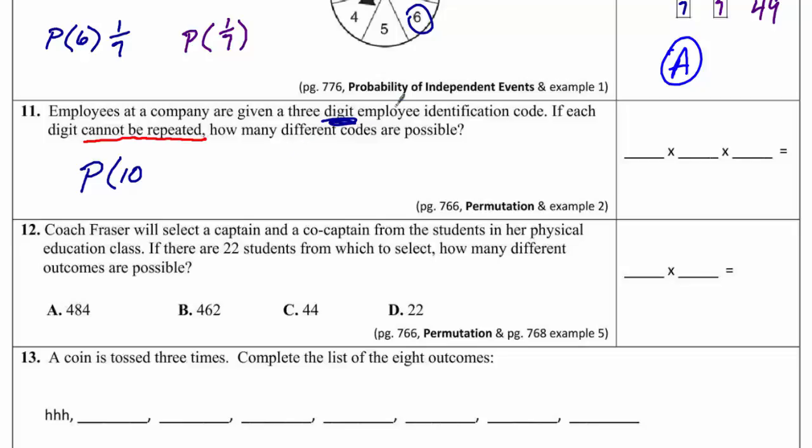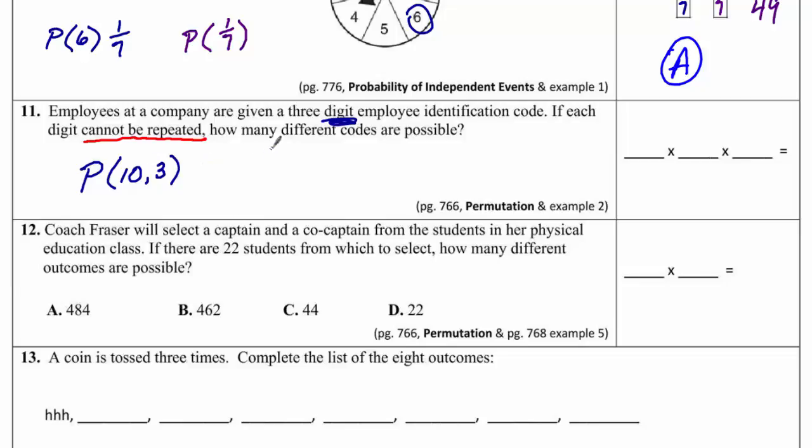There are 10 digits, 0 through 9, and figure out what a group of 3 would look like. How many different ways could you have a unique group of 3 out of 10 digits? And it has to be unique, right? Employee code 123 is different than employee code 321.